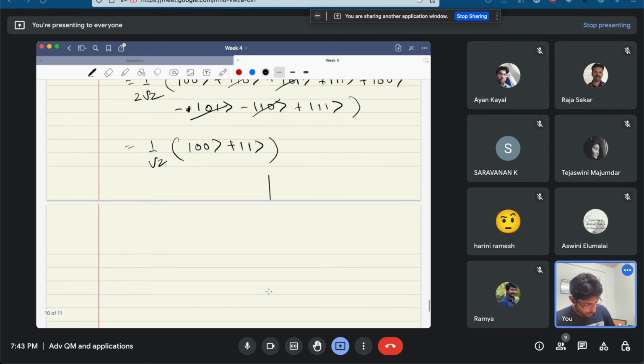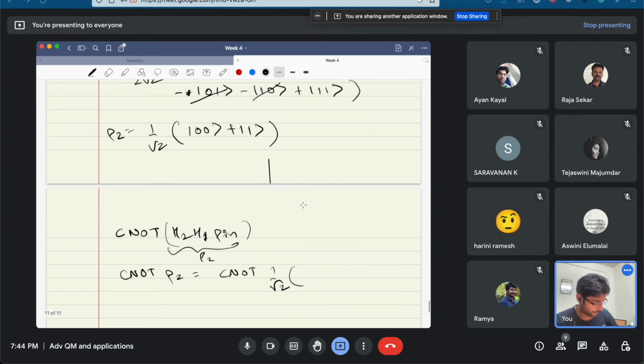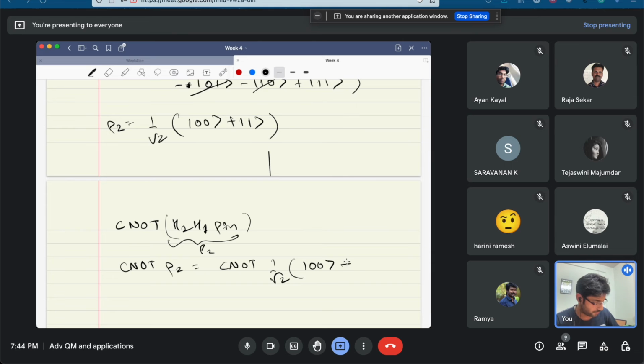Okay. Now operating your C0 onto the row in. So let's say this is your row 2. You're operating C0 on row 2, and what you get is your 00 plus 11.